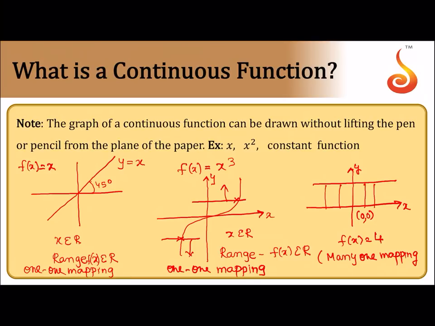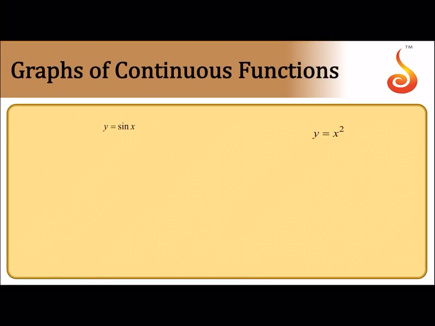So in simple language, the graph of a continuous function can be drawn without lifting the pen or pencil from the plane of the paper. Examples we have given: f of x equal to x, f of x equal to x cube, and the constant function f of x equal to 4. Why am I always mentioning concave down and concave up? In later classes you will study and understand concavity.